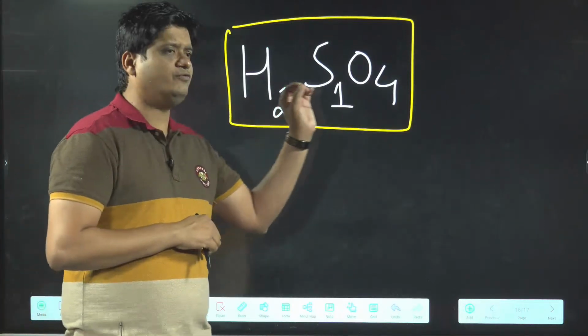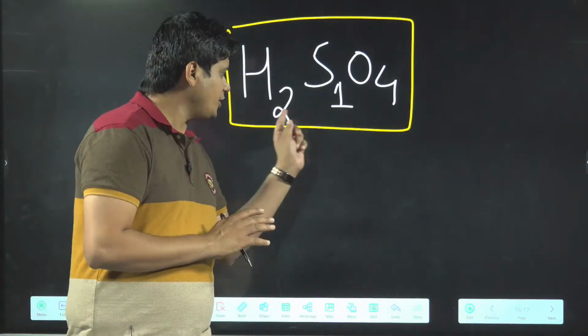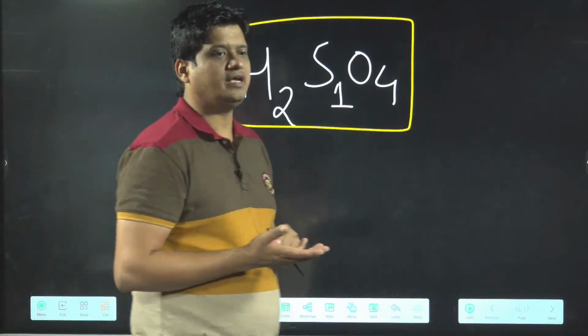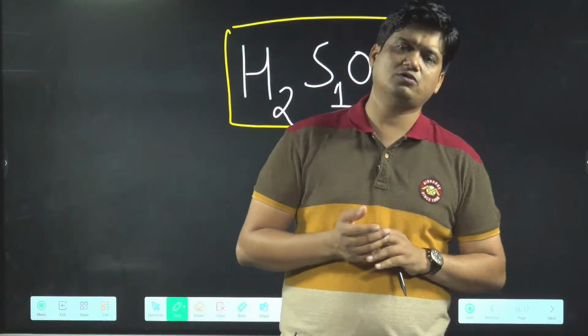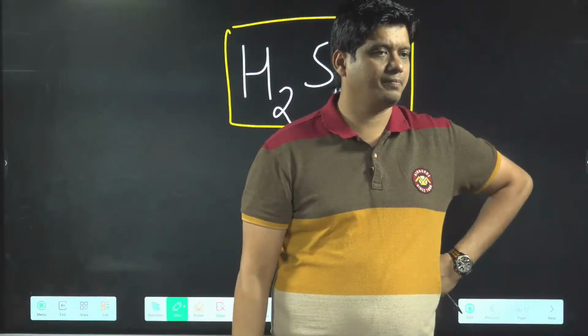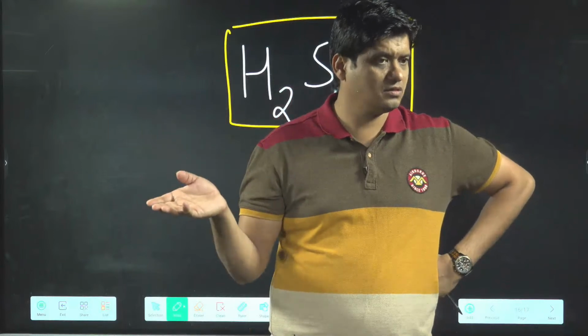In any given formula of the molecule, these stoichiometric coefficients can be directly used for two things. One is number, another is mole. These things cannot be used for mass.